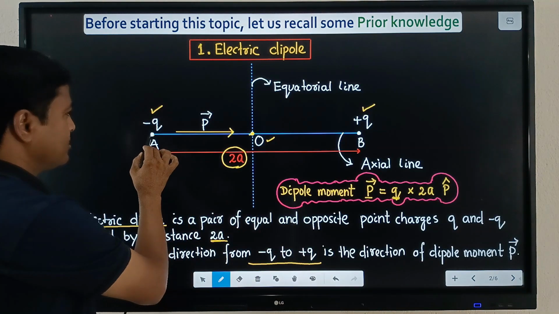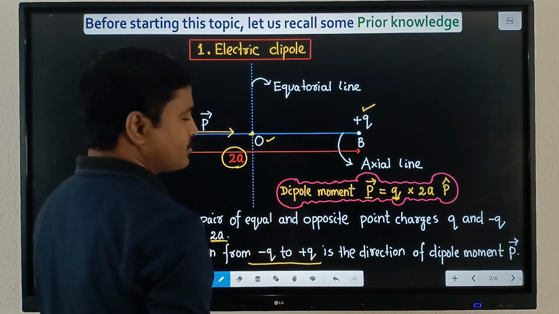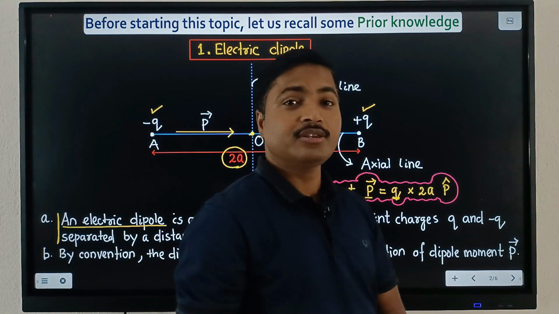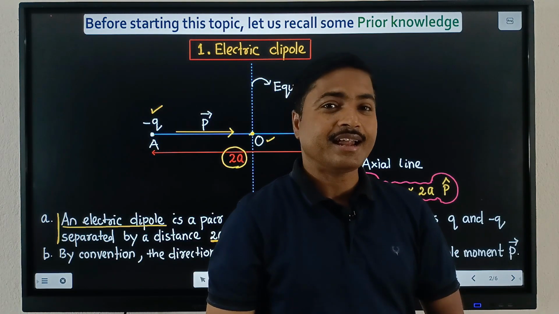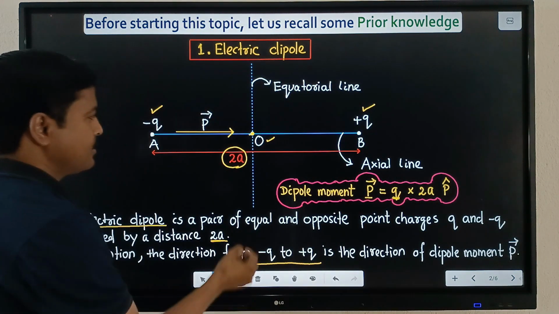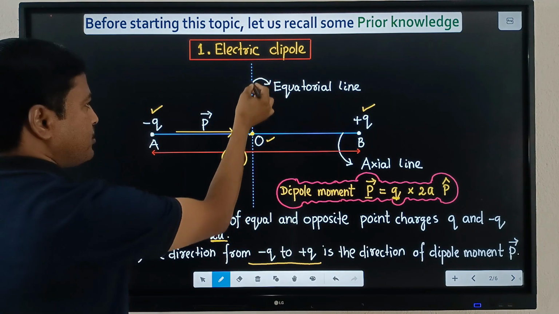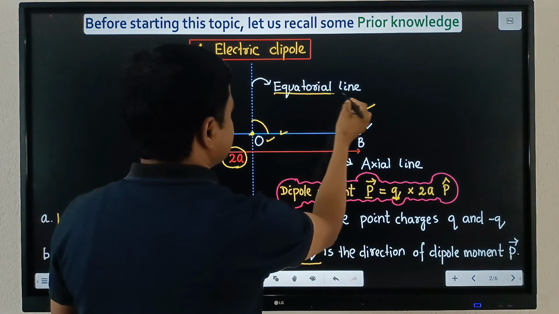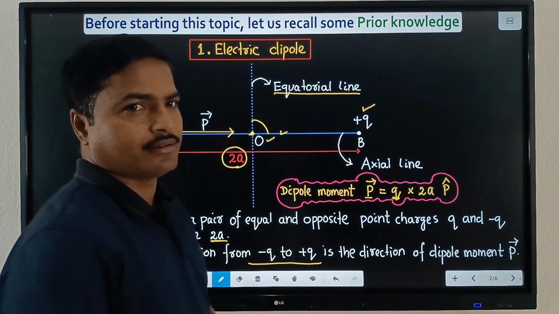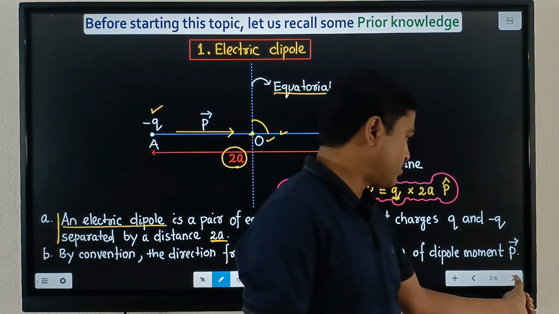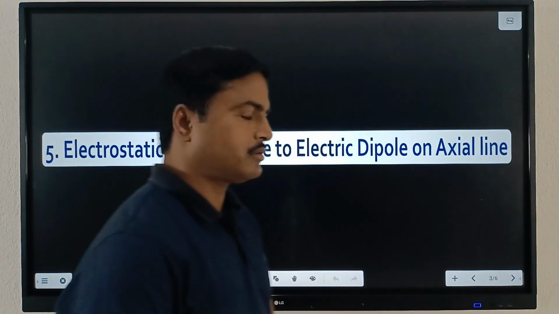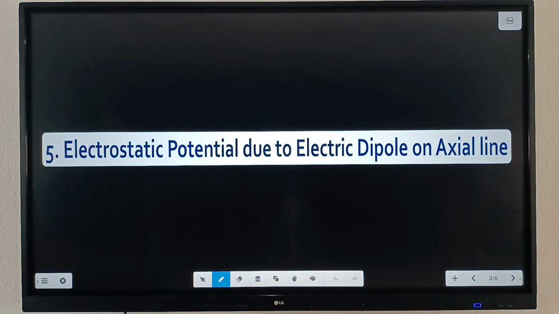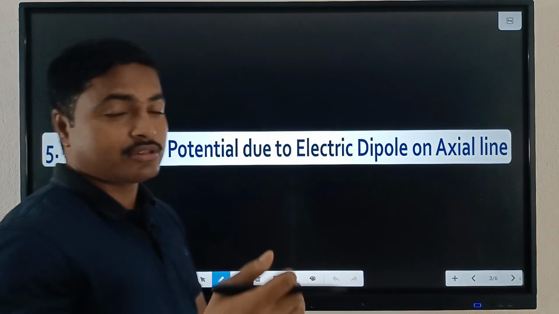The line joining the two charges and also passing through the center is known as the axial line. Another line passing through the center and perpendicular to the axial line is known as the equatorial line. Clear? Now we will discuss the electrostatic potential due to an electric dipole on the axial line.